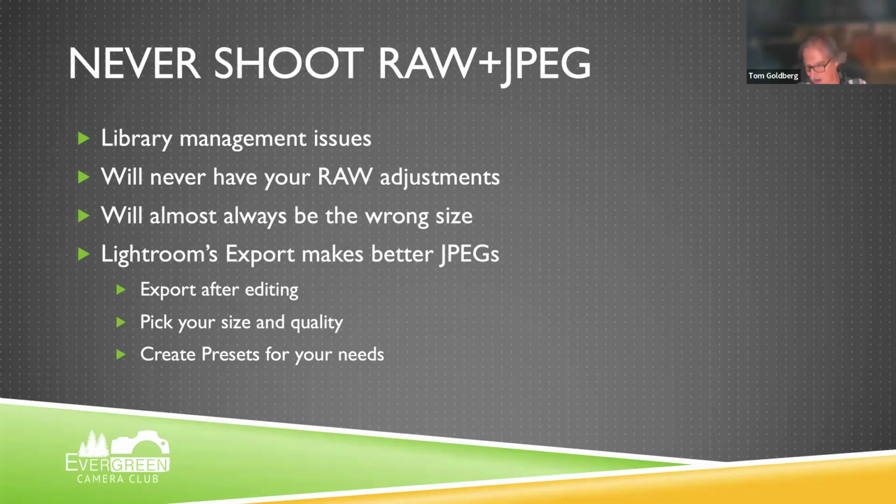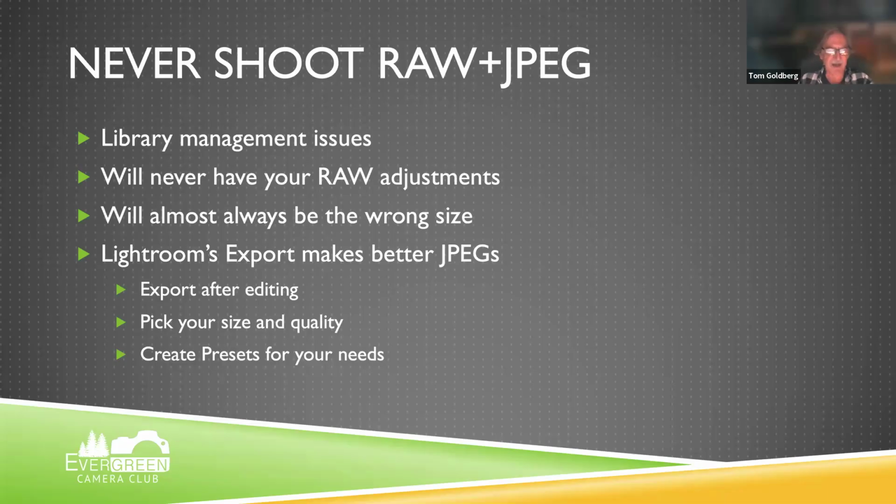I talk to a lot of photographers who go out and have their memory cards set up, one for RAW, one for JPEG, or they shoot them both onto the same card. I never shoot JPEGs. Where are you going to put them? It's a library management issue that I have not solved, so I can't tell you how to organize them.